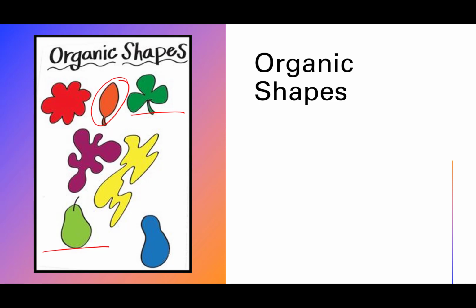And although I think there's a difference, if you look in nature with shapes, it tends to be made up of geometric and organic, whereas lines are more often irregular.